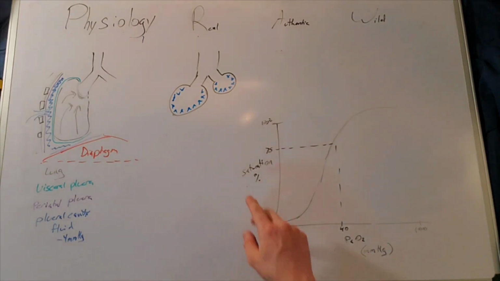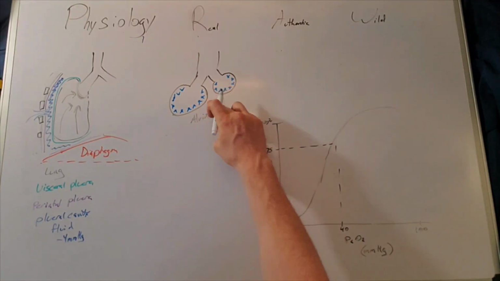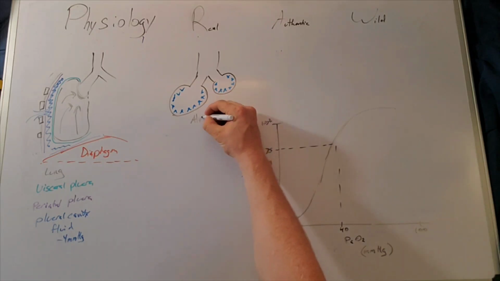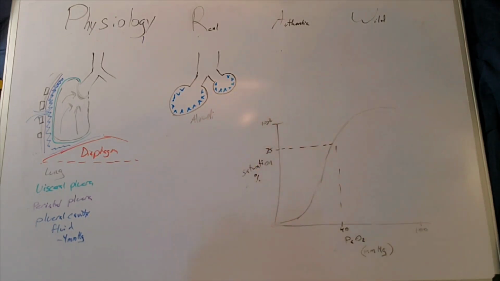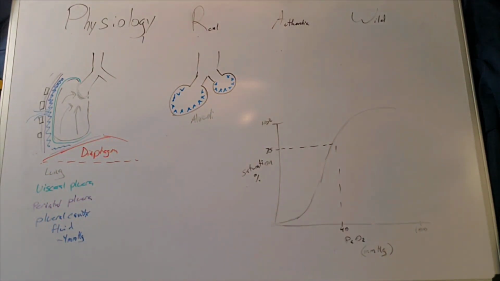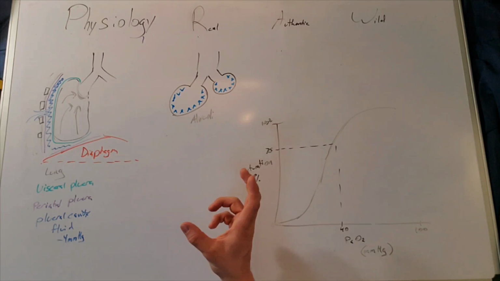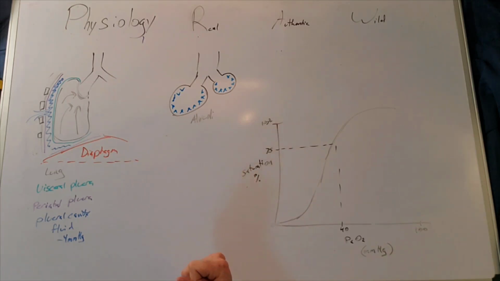So surfactant. Moving over to here, here's a little diagram of alveoli. Maybe I'll label it. Alveoli. In the alveoli, there are these little water molecules, and they have a surface tension that wants to bring everything together.